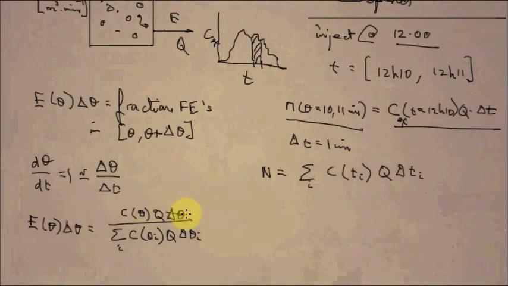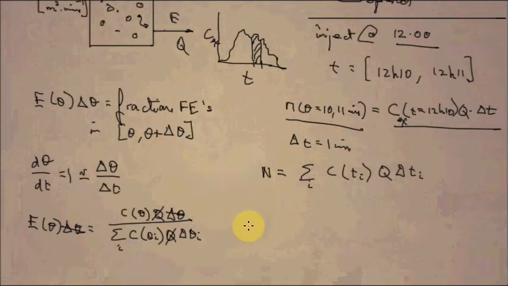First, let's cancel these delta thetas. So we've got in the numerator delta theta, and we've got a delta theta on the left hand side. And then we can also see here this volumetric flow rate can cancel in the numerator and denominator. So that's a different cancellation.